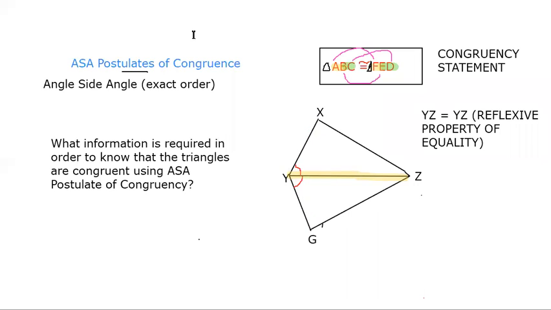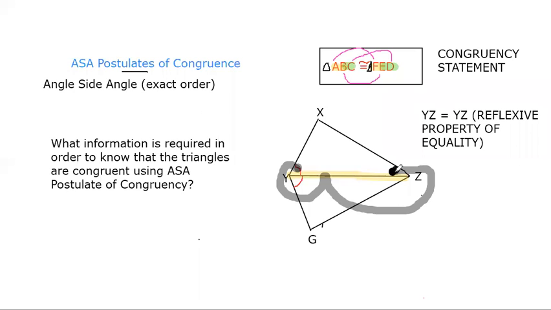Back up. If I read what I have here, I have side angle. What am I missing? Let's go from the other direction. Let's start with the angle. So angle, side, angle. I need this angle right here, don't I?